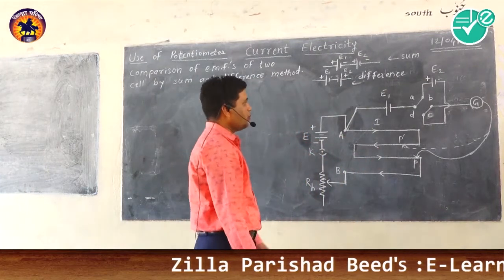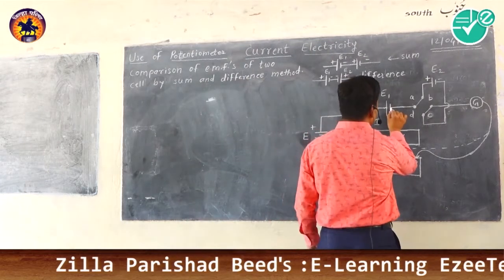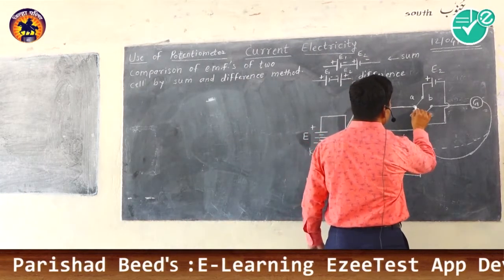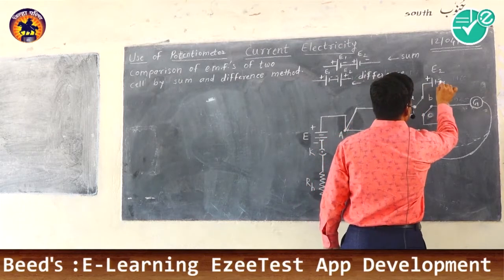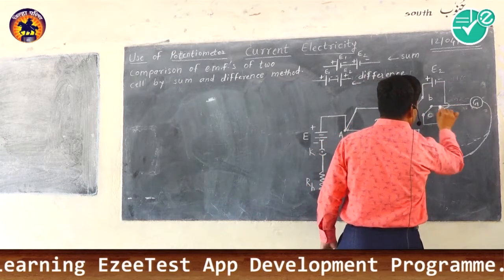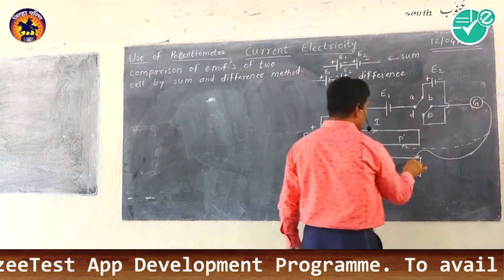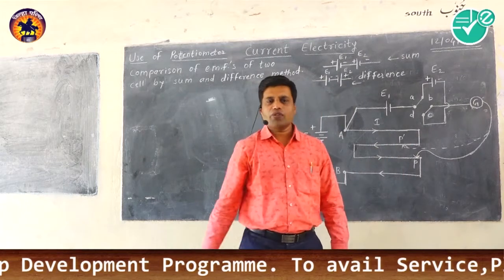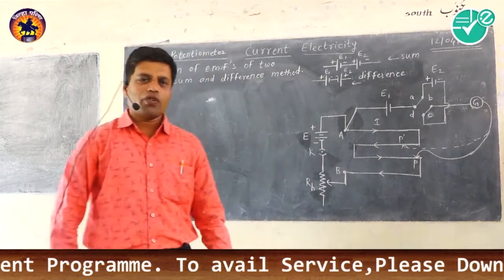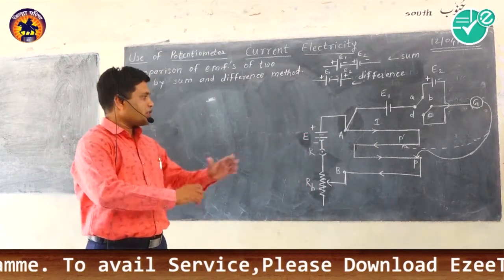How? I will explain to you. The negative terminal of cell E1 is connected to the positive terminal of cell E2, and the negative terminal of E2 is connected to the galvanometer, and the galvanometer is connected to the jockey.